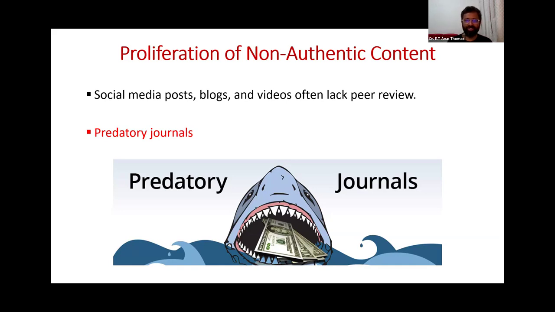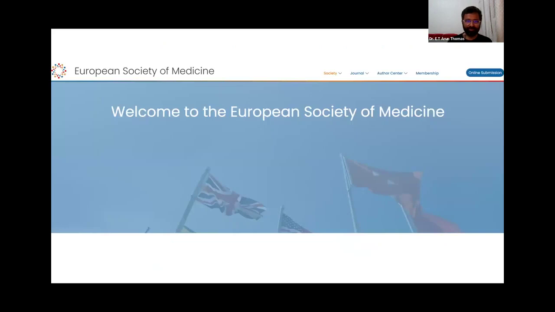There is a proliferation of such predatory journals, because everyone is doing small and medium-tier research and publishing, and there are not enough journals, so these predatory journals are making huge money. The problem is these journals don't have a correct peer review process. They publish any scrap that is given to them, and it is actually polluting the medical literature on the internet.